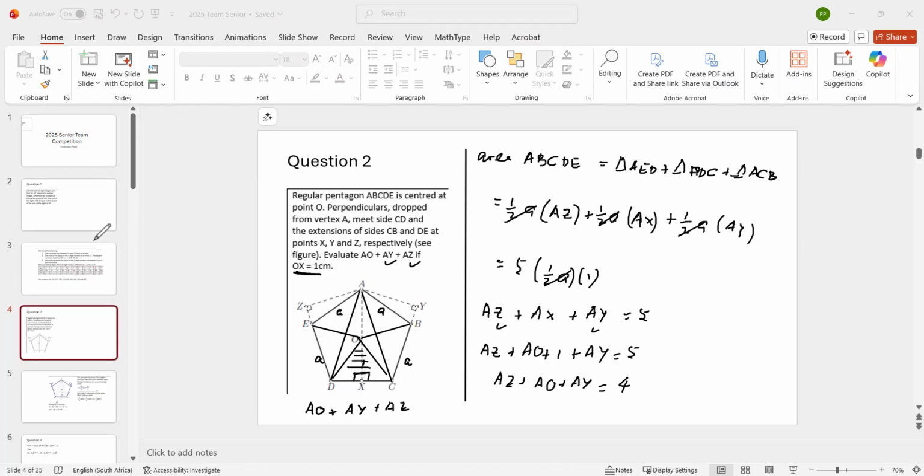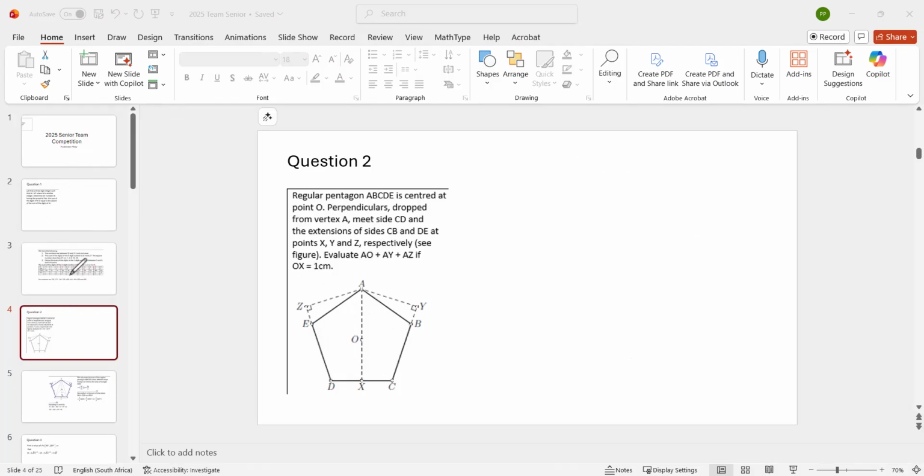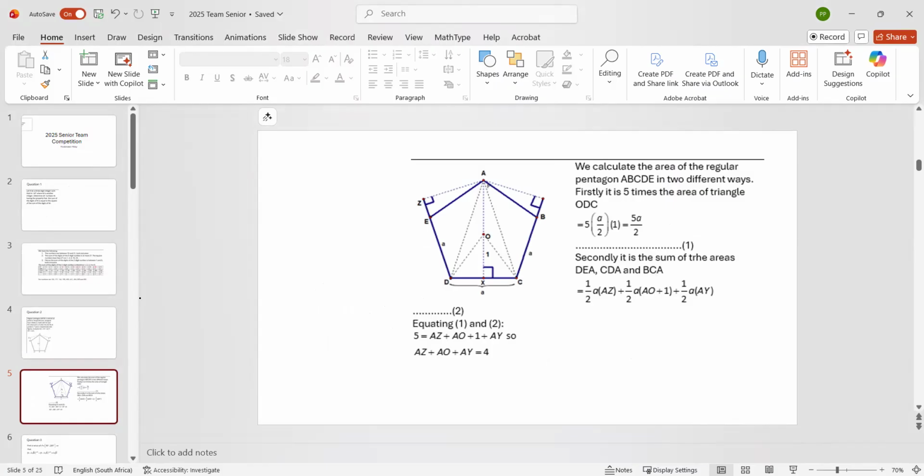Once you have that realization, then the rest of it falls into place. Okay, so that takes care of it. So we said the answer is 4. Let's just check to see. Yeah, so we did this thing in exactly the same way. All right, and the answer is 4.